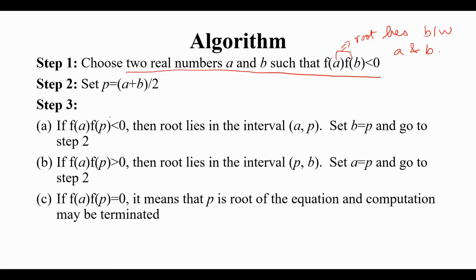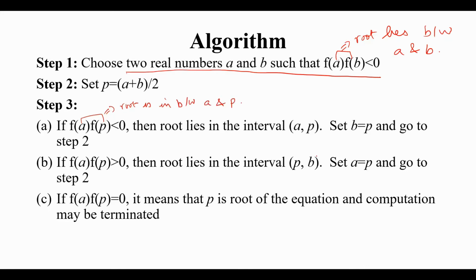And then you will check whether f of a into f of p is less than 0. If it is, then obviously the root is in between a and p.